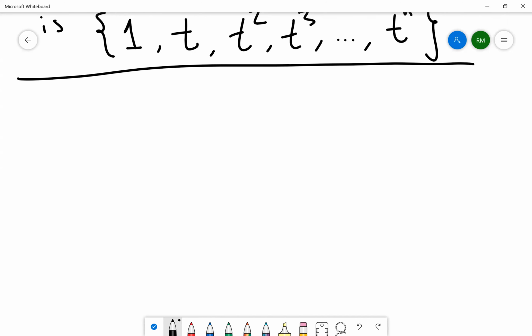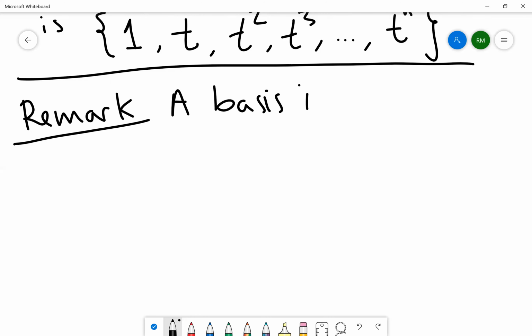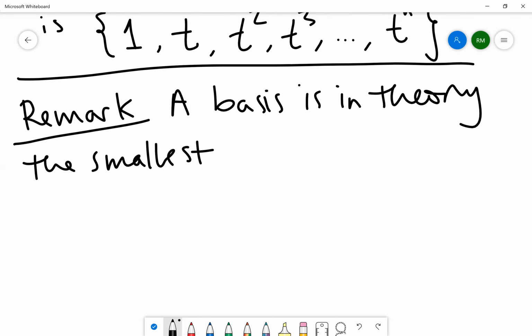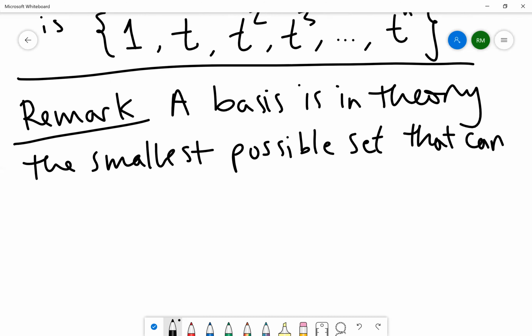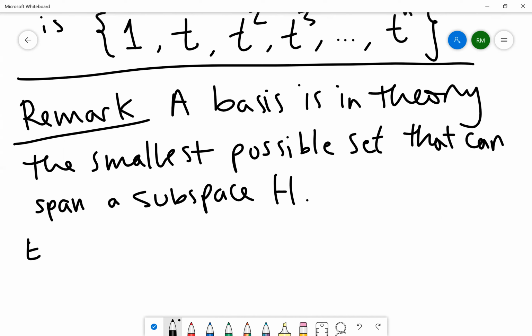We'll talk about it in a second, but one thing you should know is a basis is, in theory, the smallest possible set that can span a subspace H. Okay, so let's take a look at an example of finding such a basis.